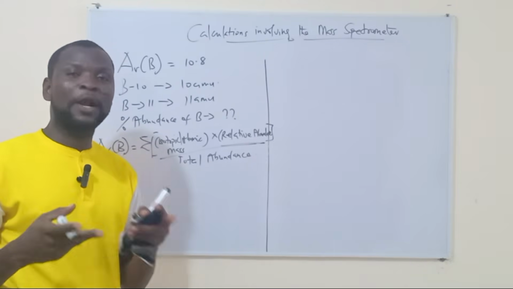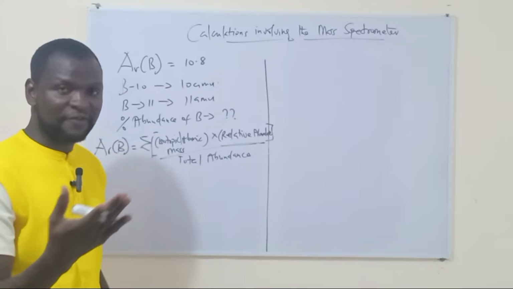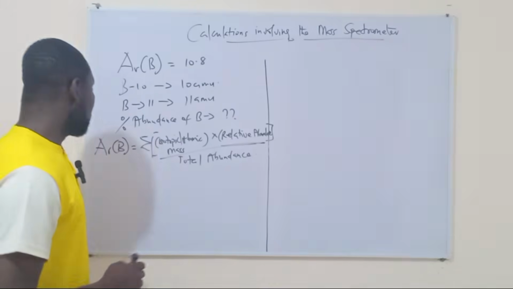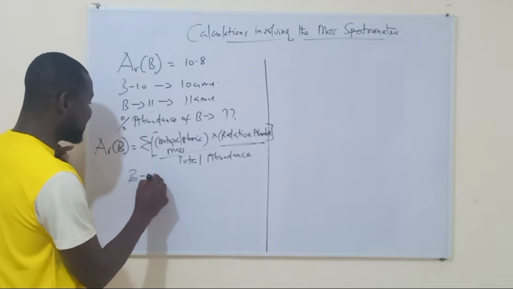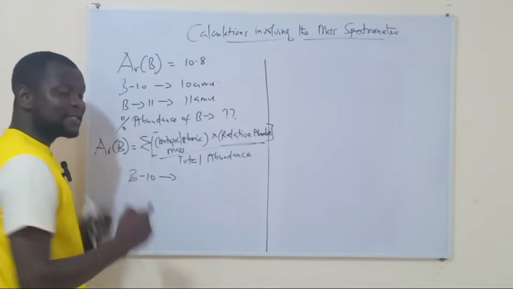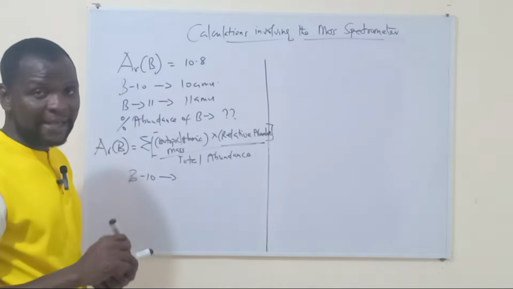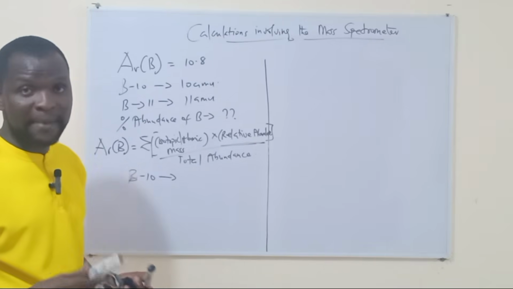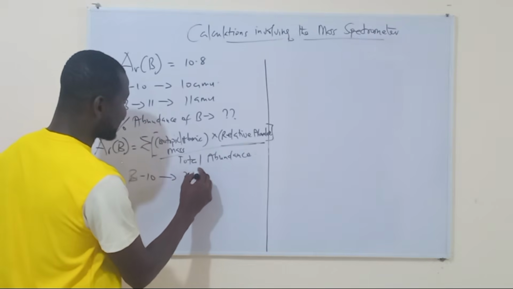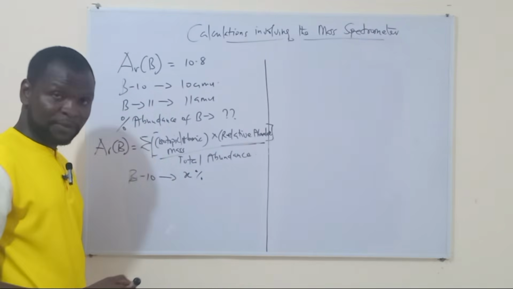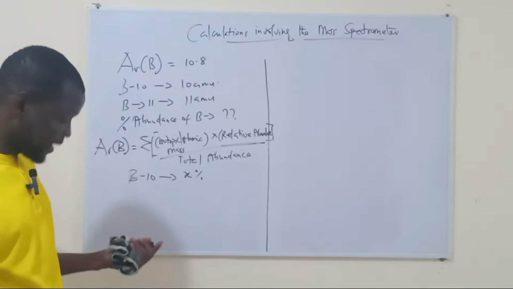So we take boron 10, since that's the first to be identified, and assume that it is x%, since we don't know the percentage abundance.